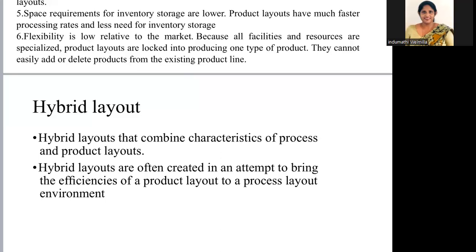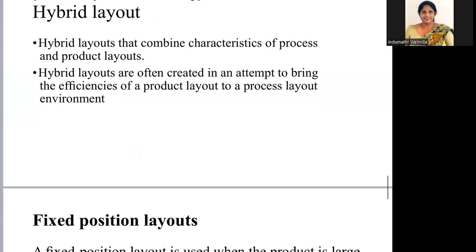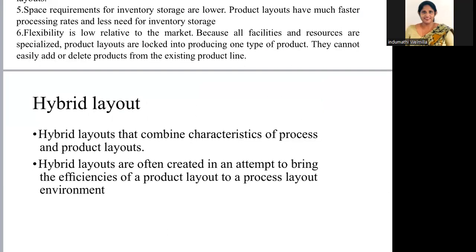So another thing in this hybrid layout, right? Most probably they equally combine characteristics of both process and product layout, right? So anyone cannot say there are more characteristics relevant to only process or product, okay?